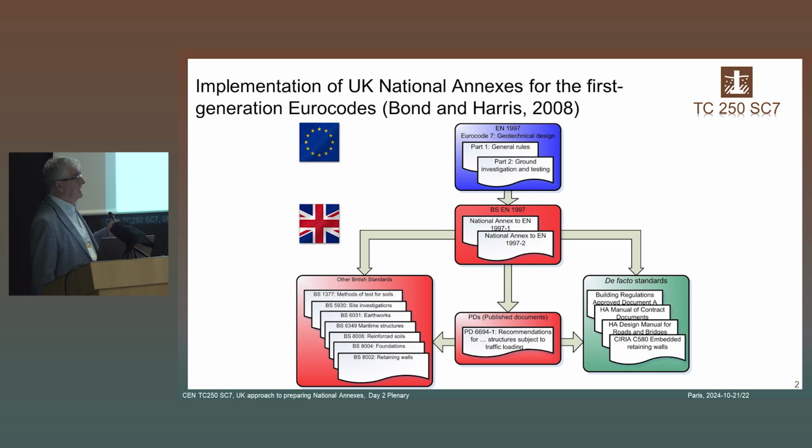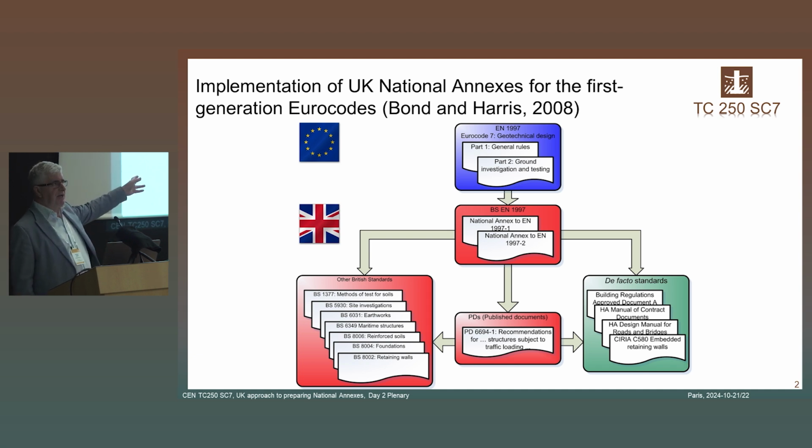In this particular case, it was our Highways Agency, who wanted to get some of their regulations into some national document, and they paid for the work. It was done, it had a short review period and was published. But it wasn't given the status of a British standard. It was called a published document, and a published document doesn't mean anything. So for us, it's been a bit confusing as to the status of that.